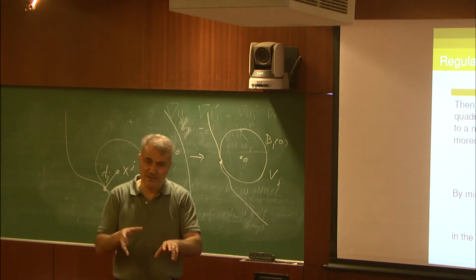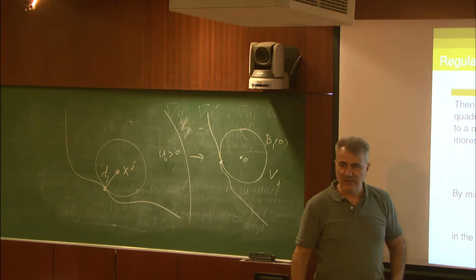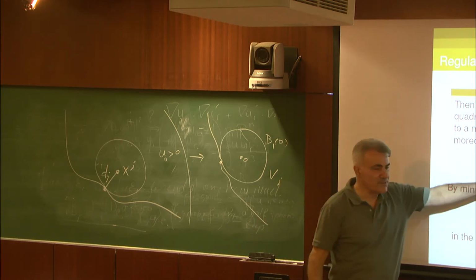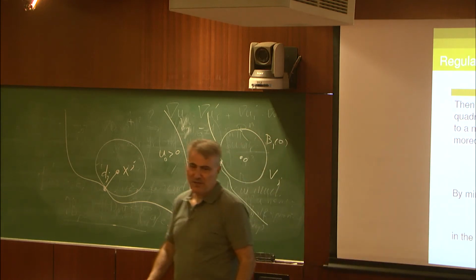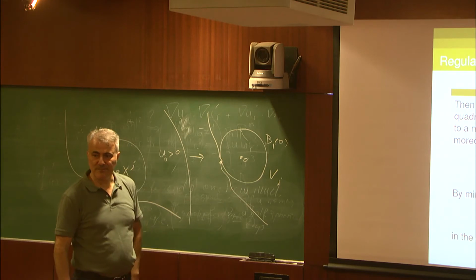I've just translated that. So my function at the origin is like my old function at xj, the second derivative at xj, and the limit of that is going to be minus f. The value of the second derivative of v0 at the origin is minus f.